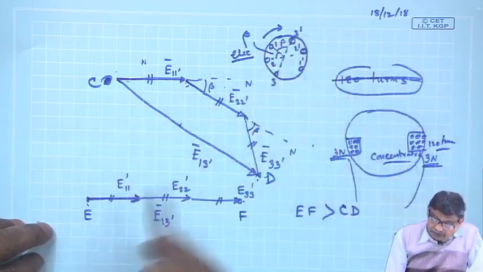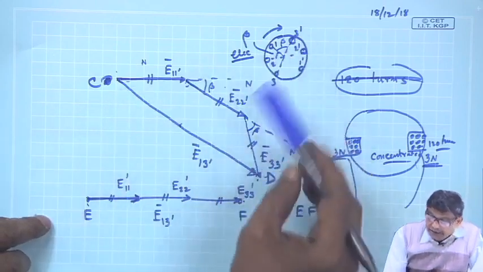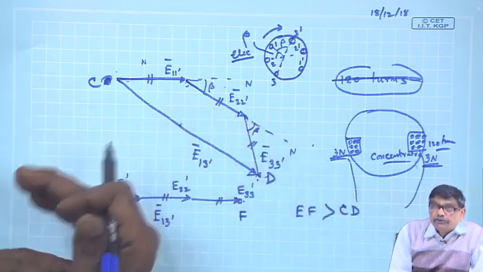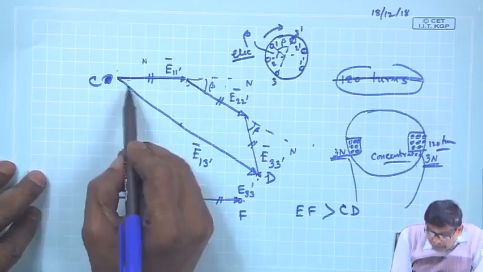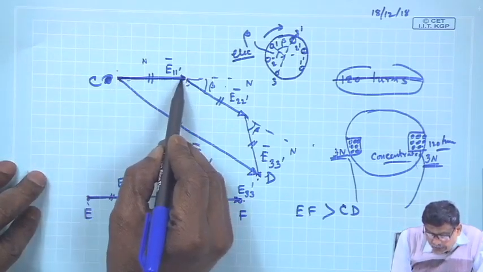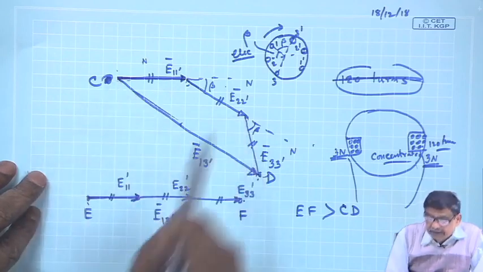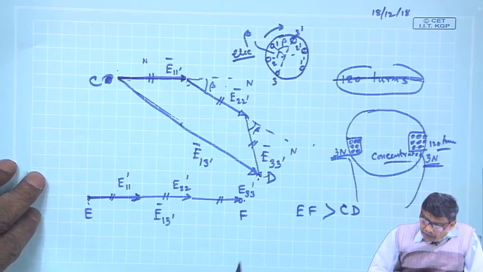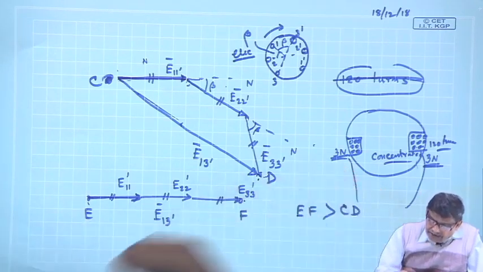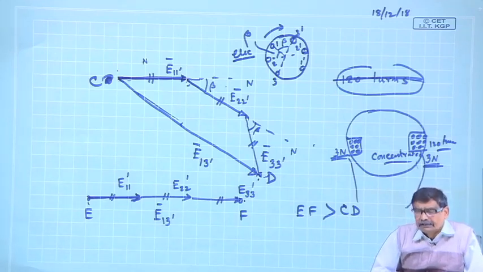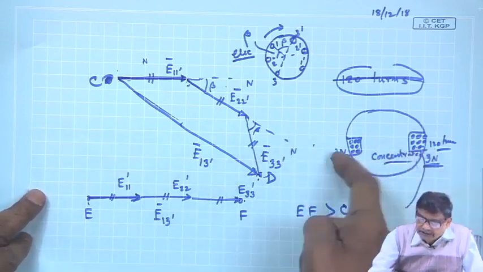The start of each coil 1, 2, 3 is displaced, and if it is distributed, then we say these 3n turns have been distributed in 3 coils each of n turns. Then I know how to calculate E1 1 dash, E2 2 dash, E3 3 dash, and I find the resultant voltage. Now, I must compare. For the sake of argument, let us assume that somebody insists, no, I will go for concentrated coils.